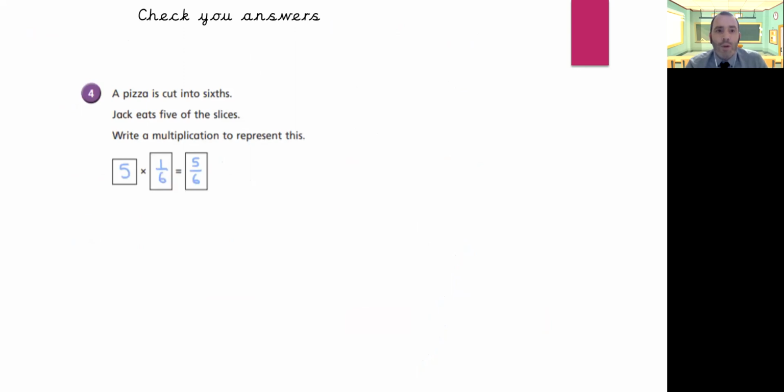Okay, moving forward. A pizza is cut into 6ths. Jack eats 5 of the slices. Write a multiplication to represent this. We have 6ths. So we've eaten 5 of them. So 5 times 1/6 equals 5/6.